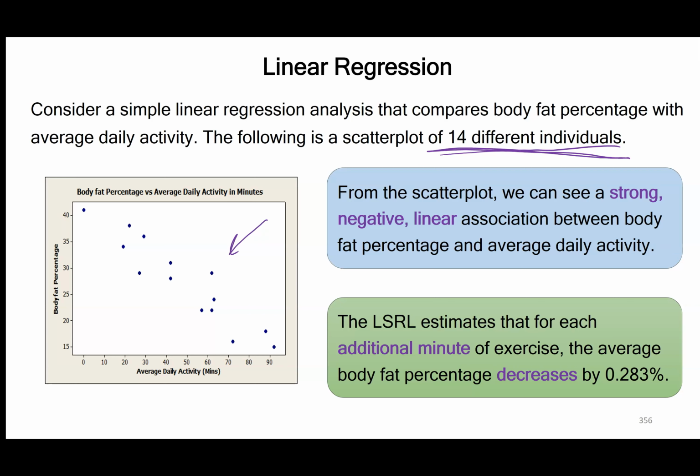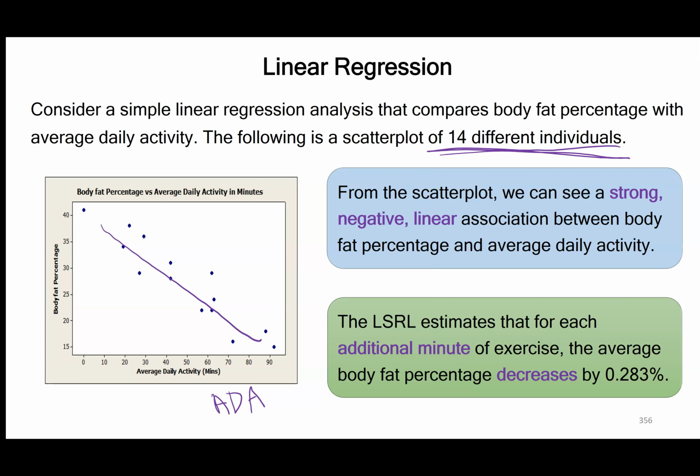So looking here at the scatter plot, if we want to describe the relationship, you can see that there is a strong negative and linear relationship between average daily activity and body fat percentage. Note that later on we might abbreviate average daily activity to ADA.